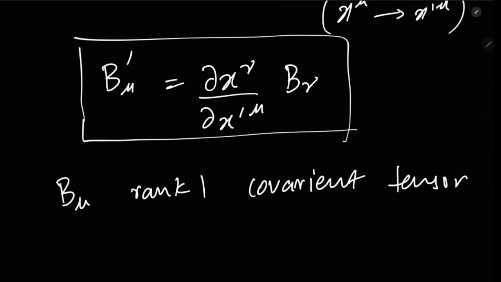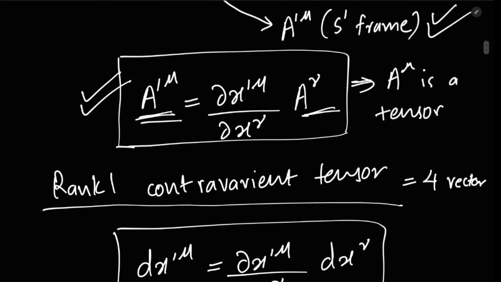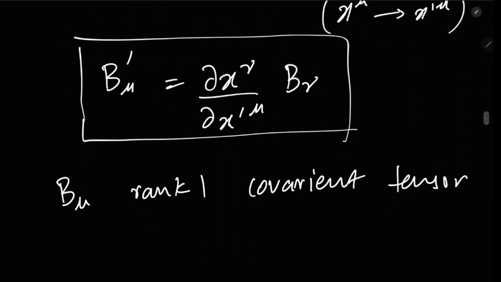Now you can see the factor over here in this definition and the factor in the contravariant tensor definition. It's just reversed. To be more clear about this, I'll once more write these definitions side by side. First, let's write the contravariant tensor definition. A prime of mu equals del x prime mu upon del x nu A nu. This is a contravariant tensor.